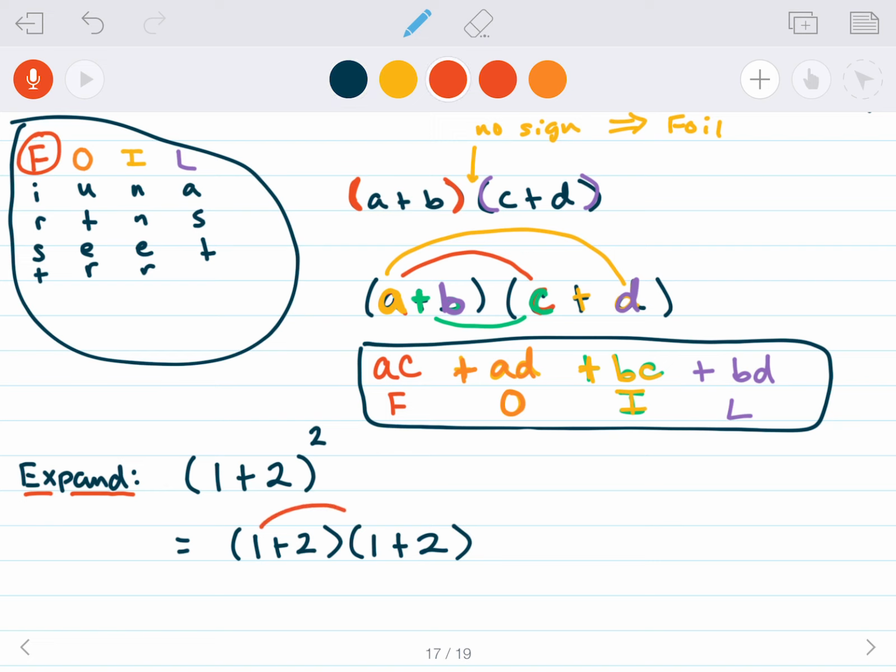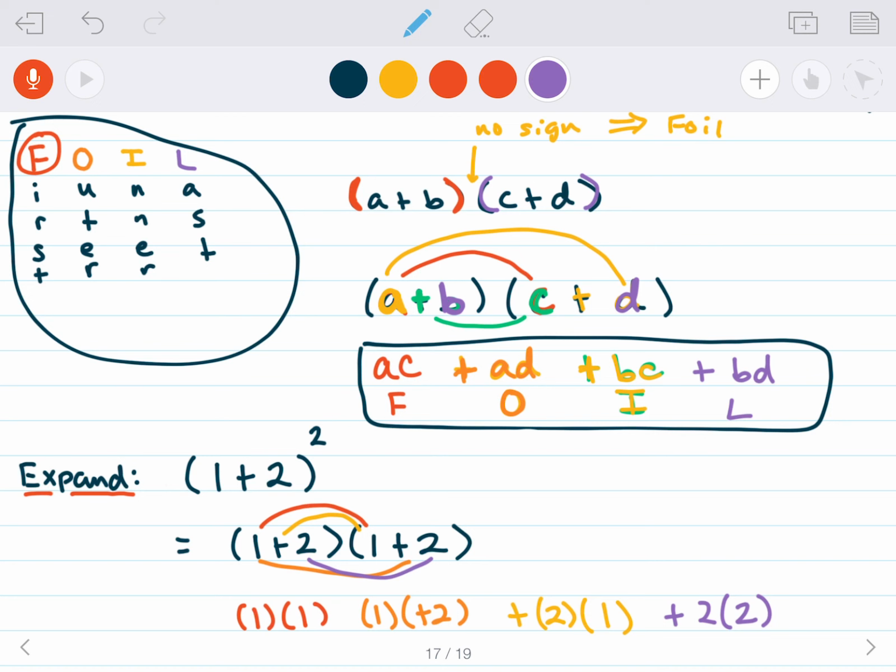So first, 1 times 1. Outer, 1 times positive 2. Inner, positive 2 times positive 1. And last, positive 2 times positive 2. Okay?